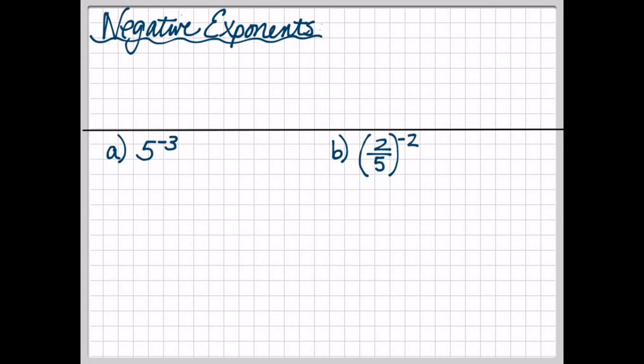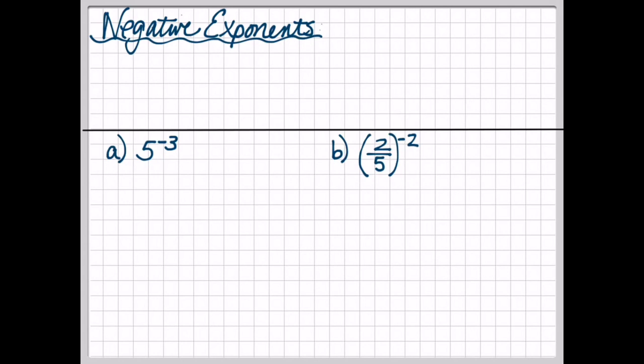Finally, we're going to deal with negative exponents. These are a little tricky because a lot of people think, oh, it's negative, then I have to change the whole answer to negative. That's not the case here. What happens when you have a negative exponent is that it's going to flip your base. And when I say flip, I mean put the value that's in the numerator in the denominator and vice versa.